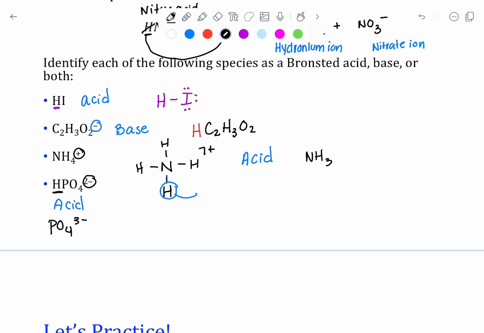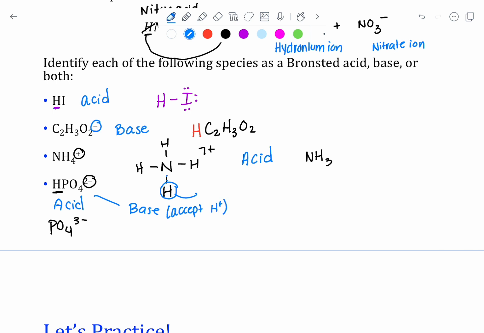The charge on this compound also suggests that this could act as a base because we want to decrease our negative charge and try to get to a neutral charge. So HPO4 2 minus can also act as a base. So it can accept a hydrogen, right?